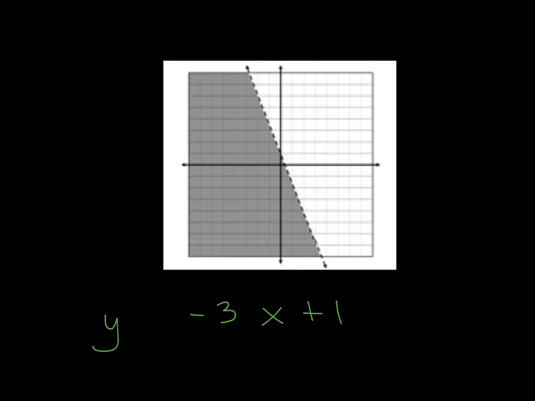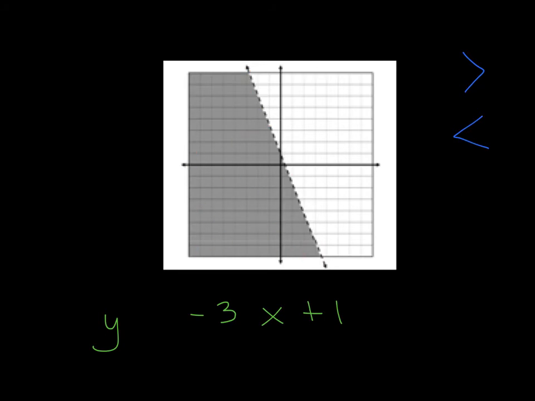I have my y, and now let's look at our symbol. So notice that this graph is dashed. When it is dashed, you're going to use greater or less. Remember, the dashed line tells you that the ordered pairs that fall on the line are not part of your solution set. It's only the ones that fall in the shaded region.